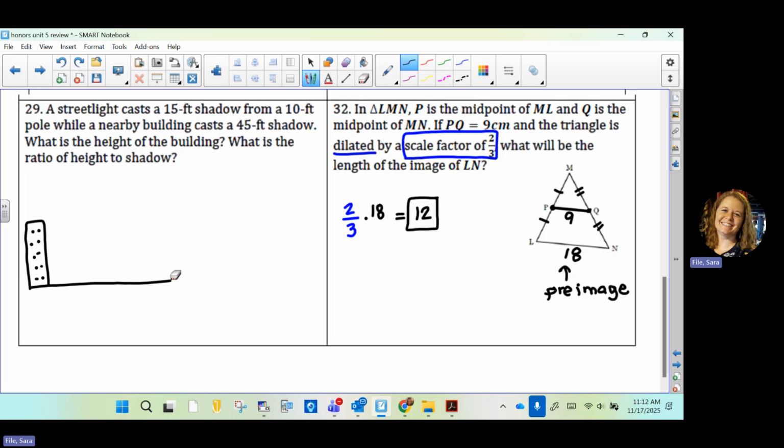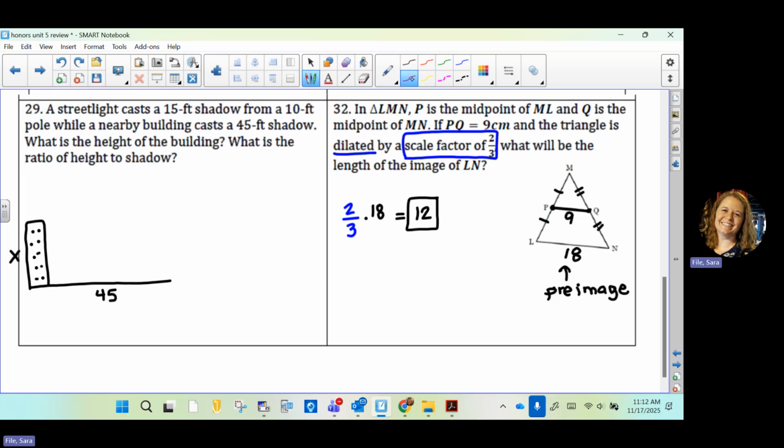Okay, and it's casting a shadow on the ground. Okay, so the shadow is 45. What's the height of the building? That's what we're looking for. So the building's shadow is 45. How tall is the building?